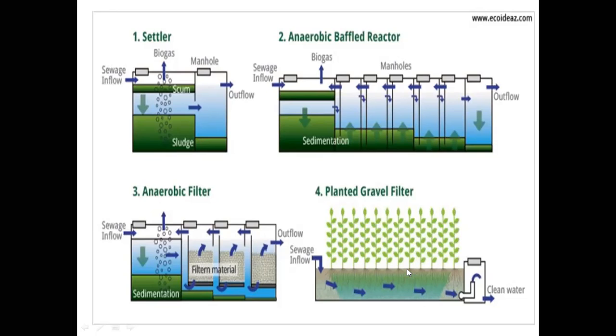It will be converted into manure after a long time, and then it can be used. It means no special efforts need to be taken with respect to the disposal of these plants. Okay, so this is how the root zone technology works for the treatment of wastewater.